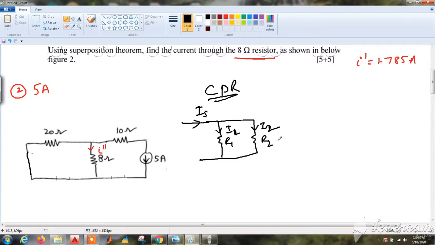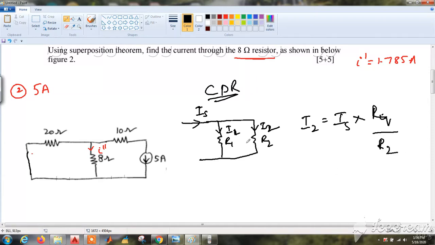If we need to find I2, then I2 will be equal to the source current times the equivalent resistance Req of R1 and R2, divided by the resistance in which I2 is flowing, that is R2.